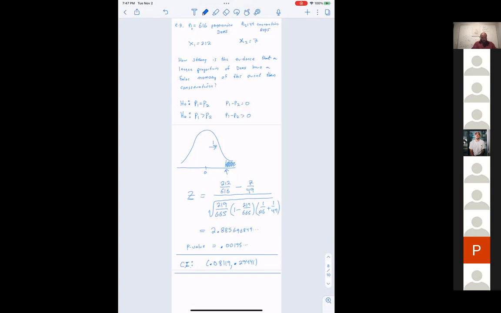And we're going to put in the actual values here. So 212, 616, 7, 49. This is a P1 greater than P2 situation. So we calculate. And what's our Z score? What's our P value?